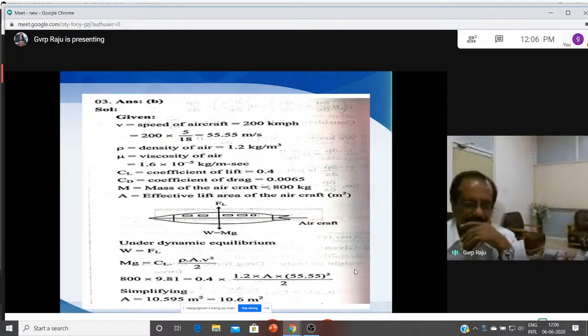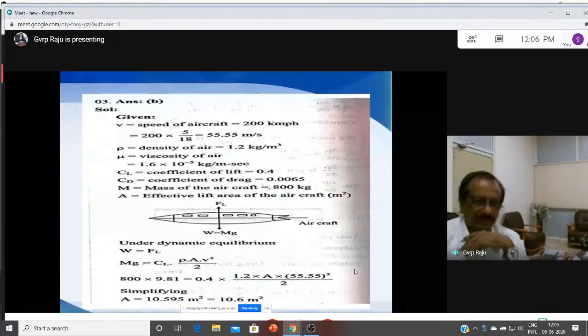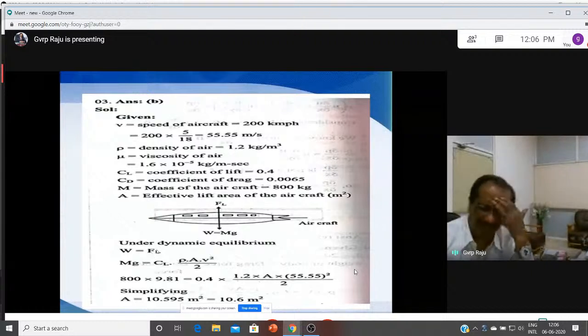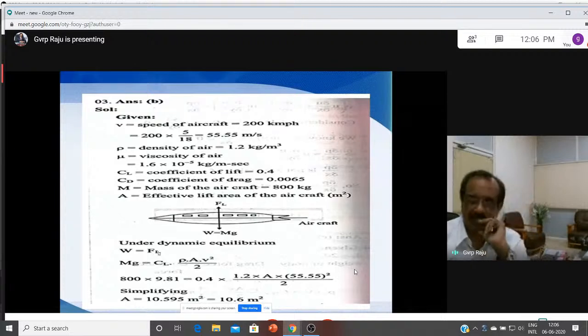Under dynamic equilibrium, you can take the weight force as m into g, and the lift force as C_L A rho V square by 2, as you know. The general expression is always required for the problem. So drag force is equal to C_D A rho V square by 2, and lift force is equal to C_L A rho V square by 2.